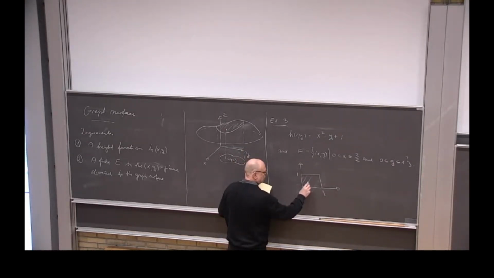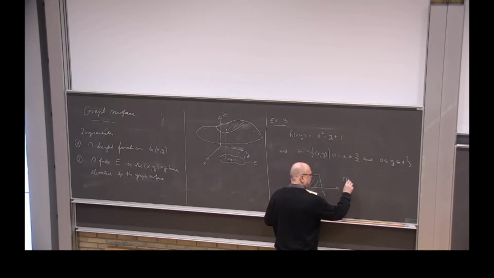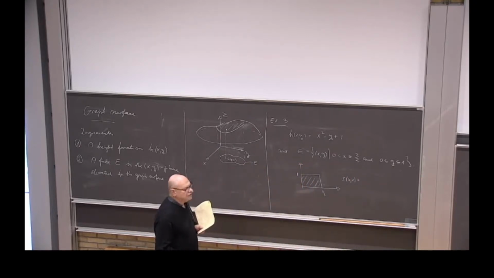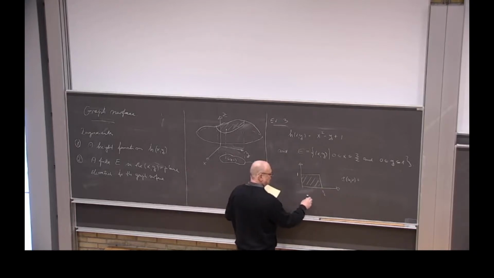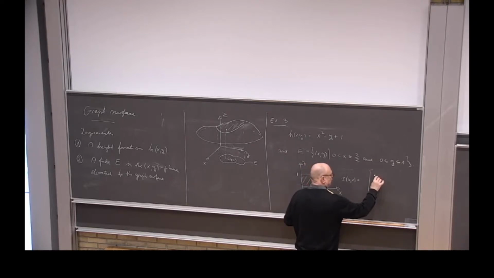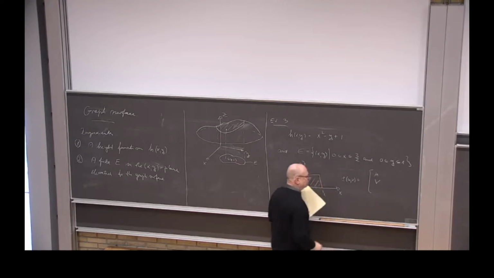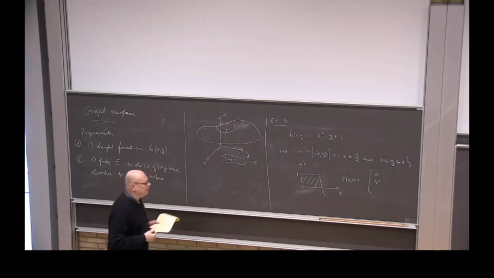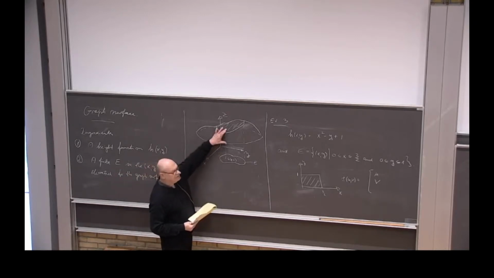So when you then take your parameter representation, then you can just use x and y as parameters, because you have this rectangular field. So if you choose x to be u and y to be v, then you still need the third parameter. But the third parameter is simply the height above the xy plane.